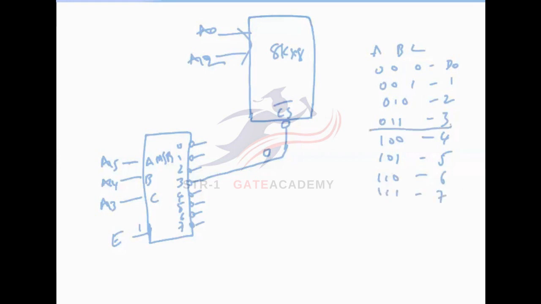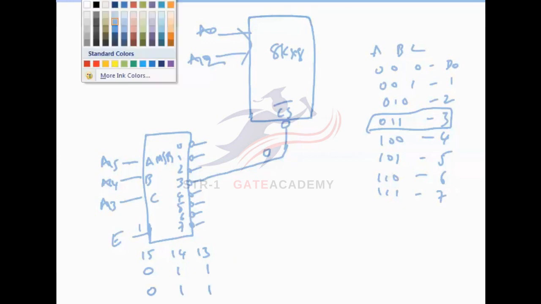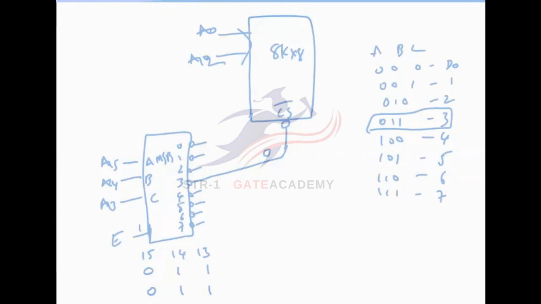Now we want this line. This line purpose, the status of the ABC is 0, 1, 1, 1. So I am writing 15, 14, 13 lines. What is the status? 0, 1, 1, 1. It has to maintain same. Then the remaining are used to find the actual address location. 12, 11, 10 up to 0.